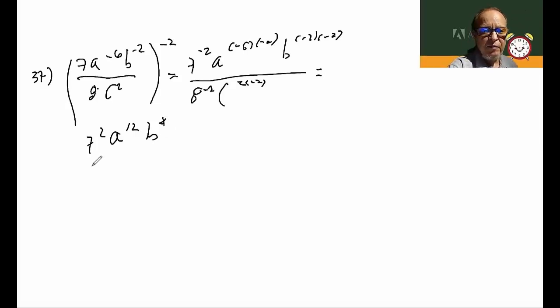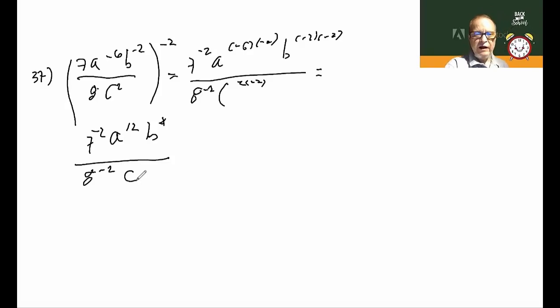And then on the bottom here, we have 8 to the negative 2, and then c to the negative 2 times negative 2 is negative 4.